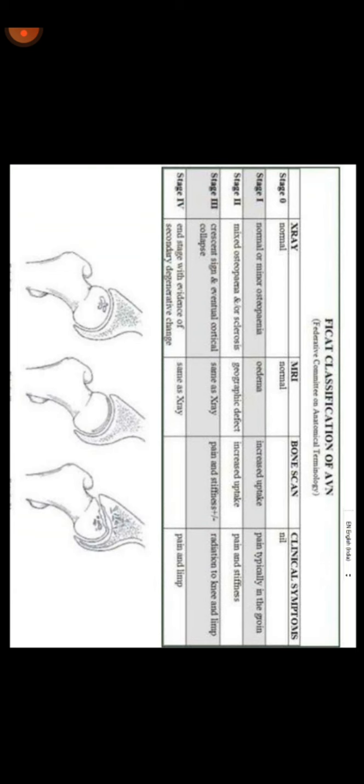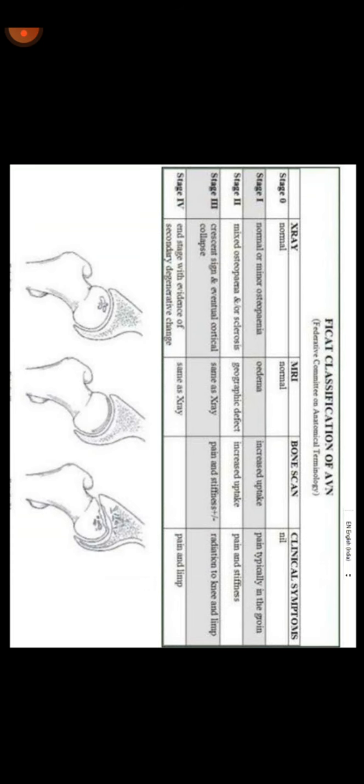Mixed osteopenia with sclerosis is seen in the second stage. Then it starts damaging the bone. The bone gets a pitting type of edema at a particular level. Cortical collapse can be seen, and afterwards all degenerative changes are seen at that particular area, the head of the femur.